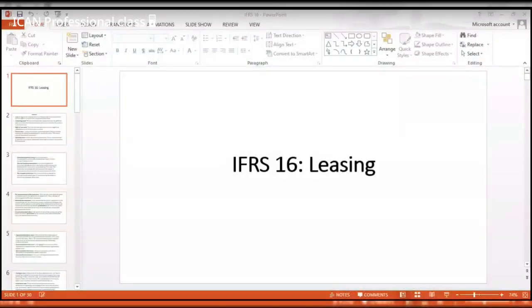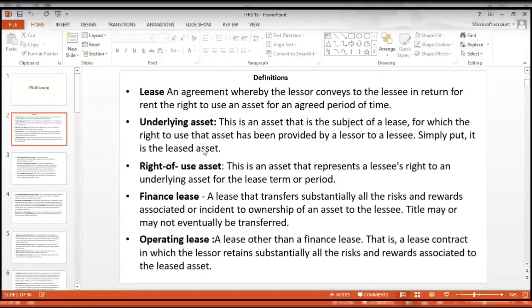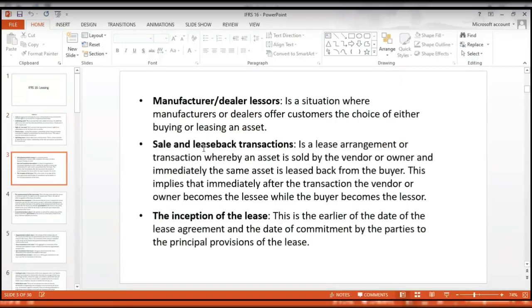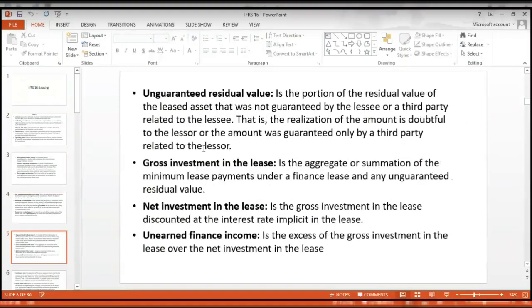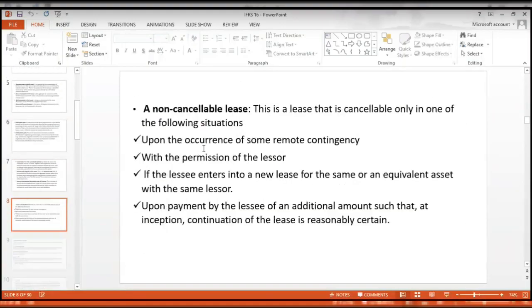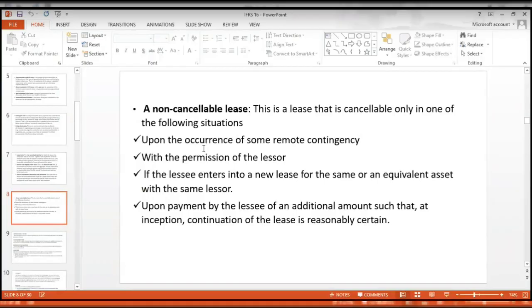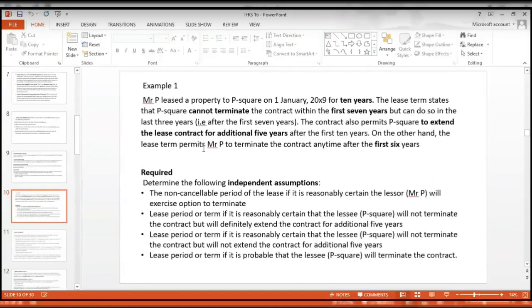So yesterday we started IFRS 16 on leasing, and we were able to define the various concepts in the standard. We moved on to talk about all the terms that we are supposed to learn under the standard, talking about inception of the lease.